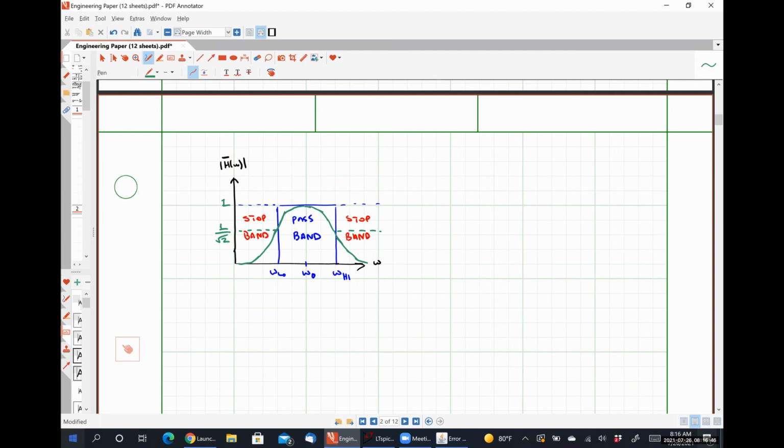That's the 3 decibel frequency. Put it out here as minus 3 dB. And so omega low and omega high still represent our effective cutoff frequencies for our filter.